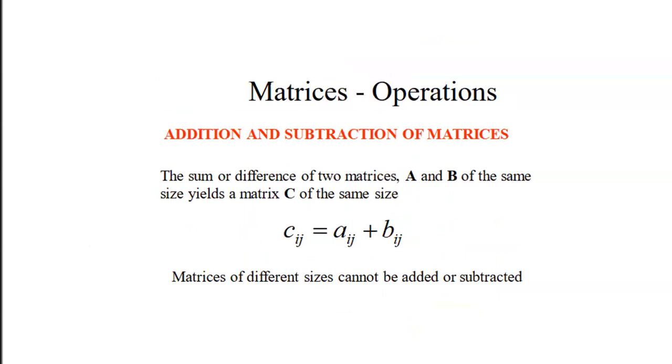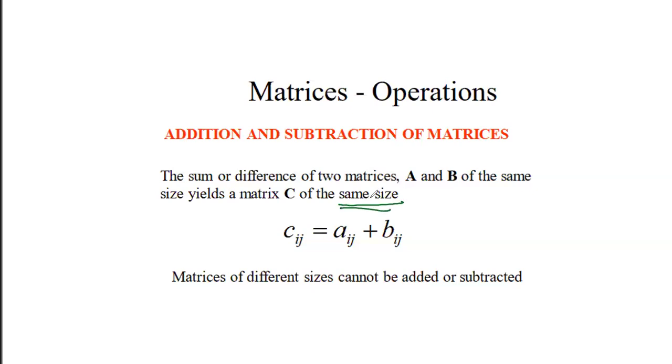Addition and subtraction are simple. When you're adding and subtracting matrices, by the way, a certain condition has to be met, right? For two matrices to be added or subtracted, they have to be of the same size.